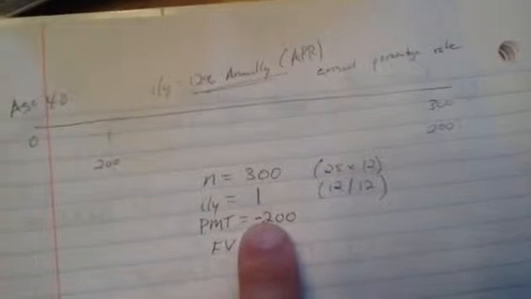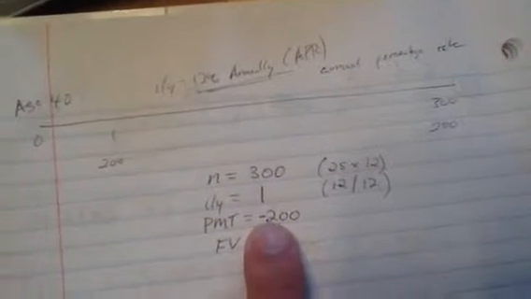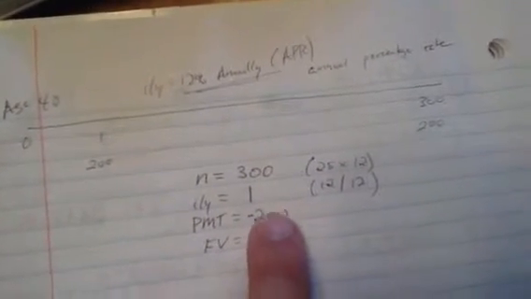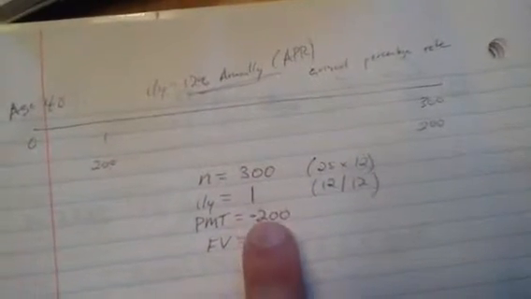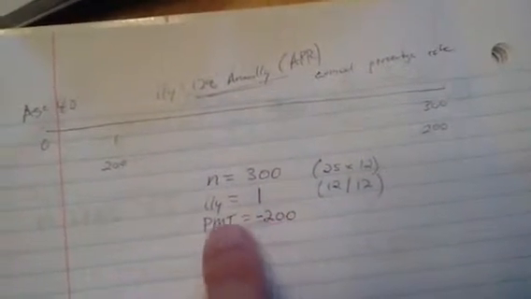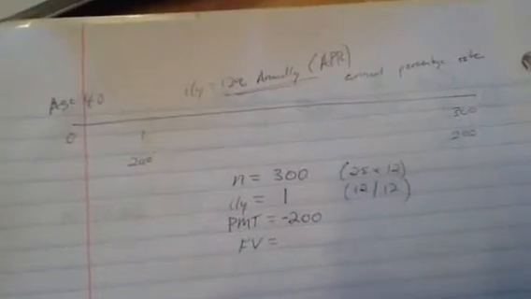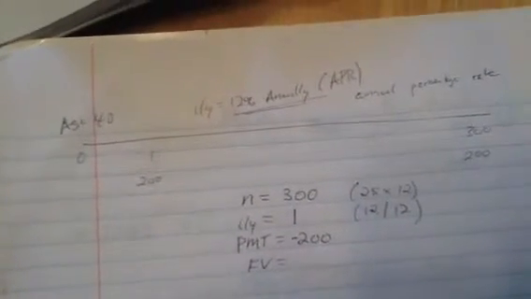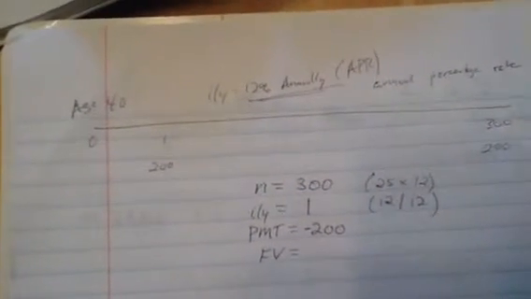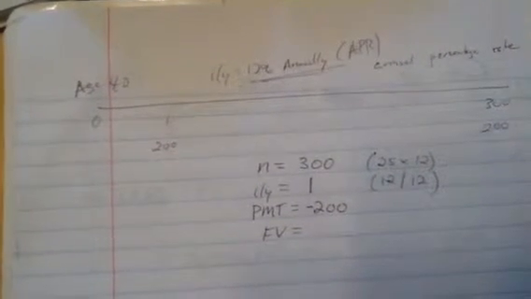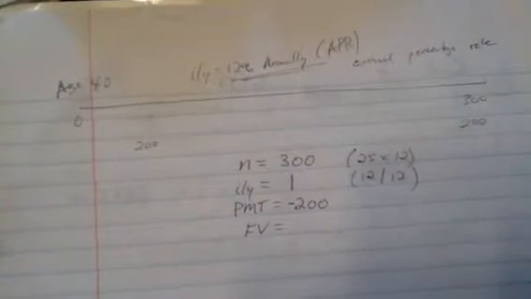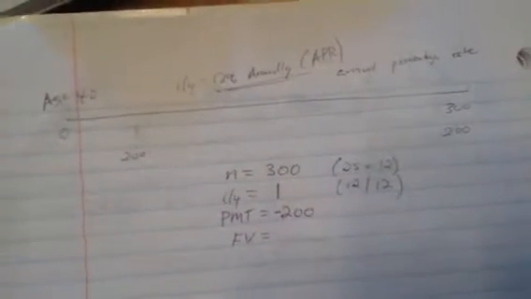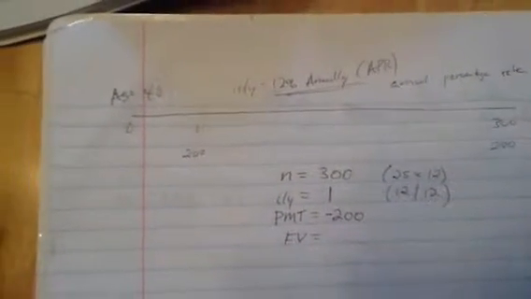If she was making $2,400 a year instead of $200 a month, then yes, you could stick with 25 and 12. But how she makes these payments into the account dictates everything. Because the payments are monthly, you have to make the adjustments. So the key is to look for what kind of payments something makes, or what kind of structure it compounds in. The interest is adjusted, and so is the number of payments.